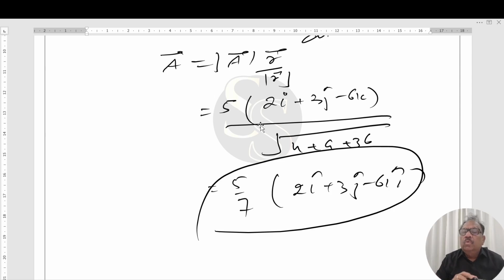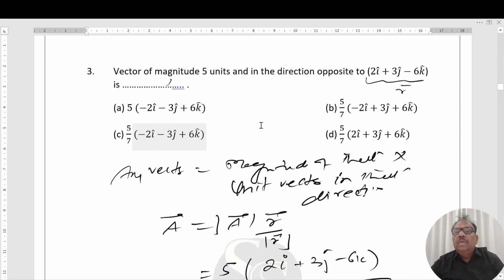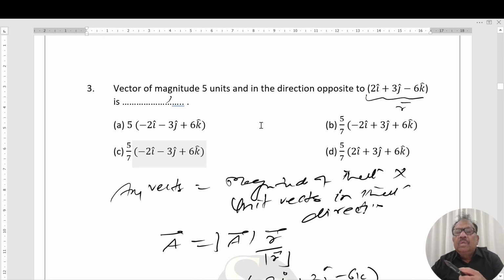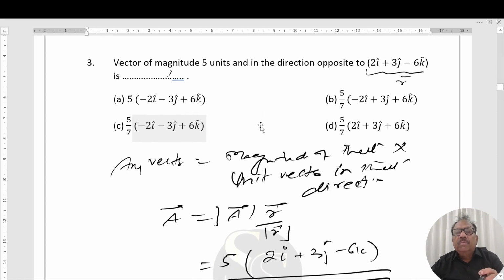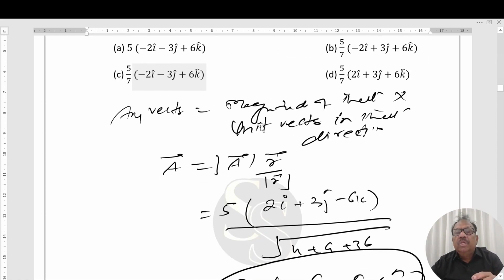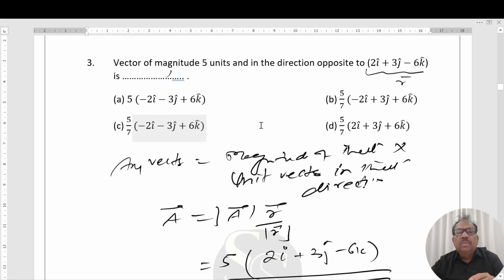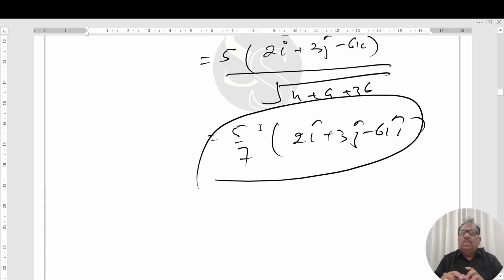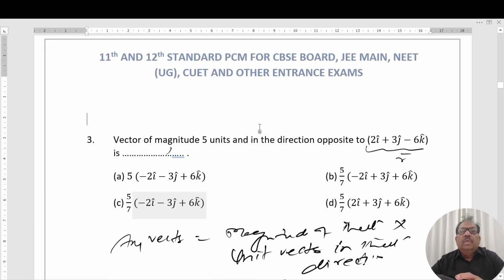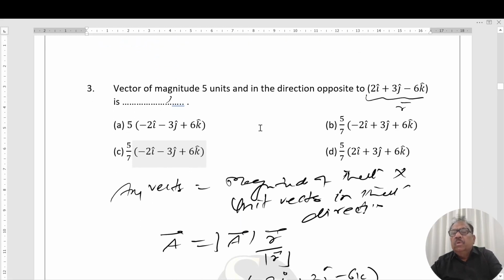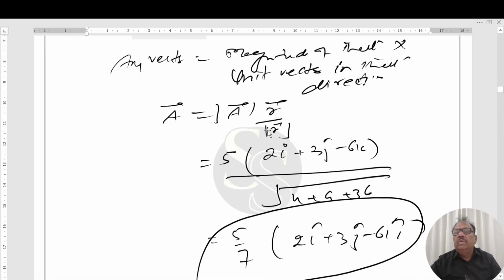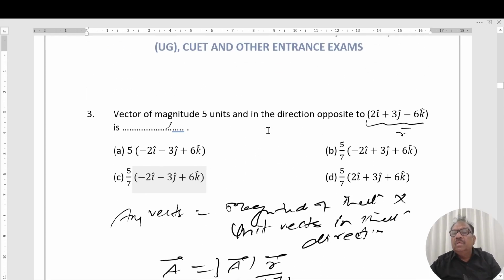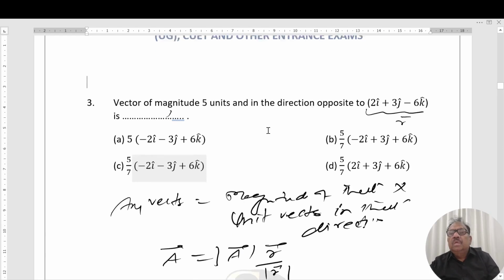This can be plus minus both, which means you can change the sign. My answer will be C. Either this is the answer possible or the negative sign, like minus 5 by 7. This is correct. No other option is given in this case. Next.